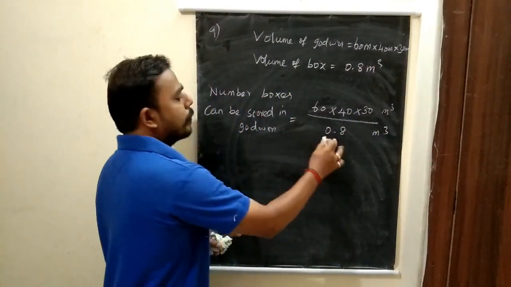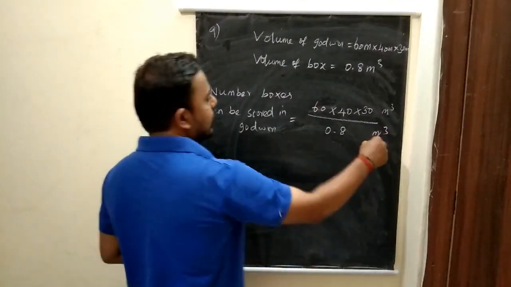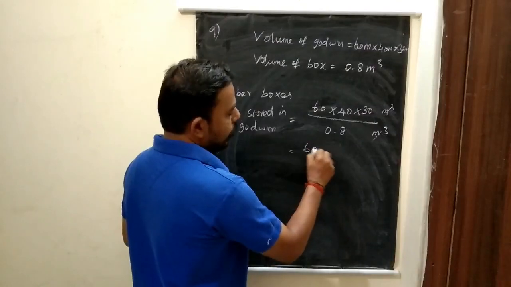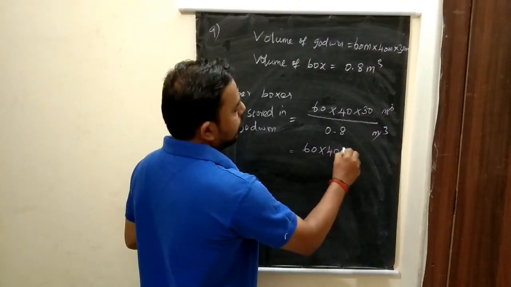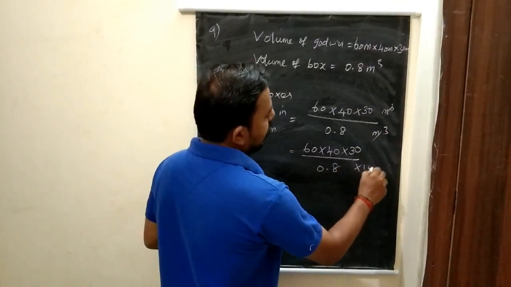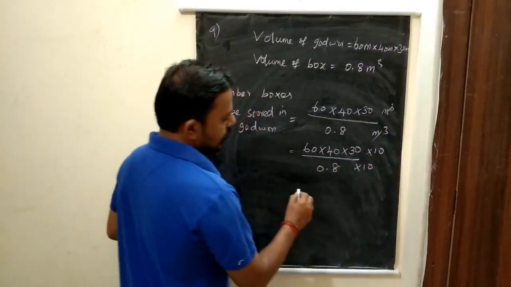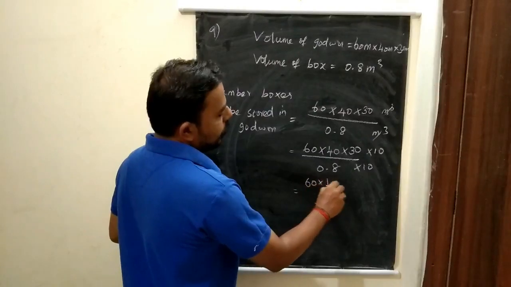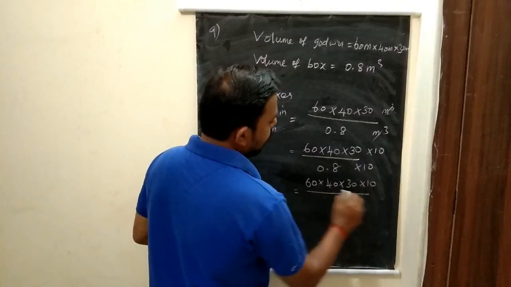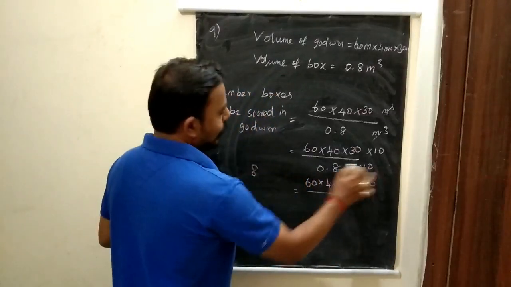Now it is divided by a decimal, so we can cancel the unit. Multiply by 10 in numerator and denominator. 60, 40, 30 divided by 0.8 becomes into 10 over 8. So 60 into 40 into 30 into 10 divided by 8 with multiply 10, 80.